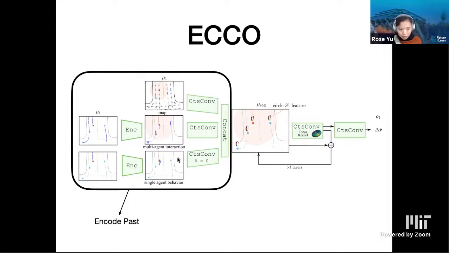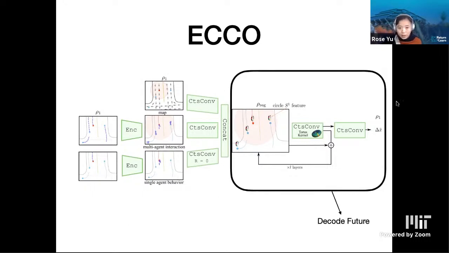The second module encodes the multi-agent interactions of cars. And the third module encodes the single agent behavior. For each module, we use our proposed continuous convolutional kernel to map the raw data into some hidden representation. After that, we concatenate all the hidden vectors into a long vector, and that becomes the encoded information from the past. And then we try to decode to make predictions.